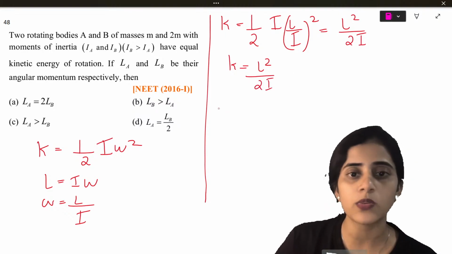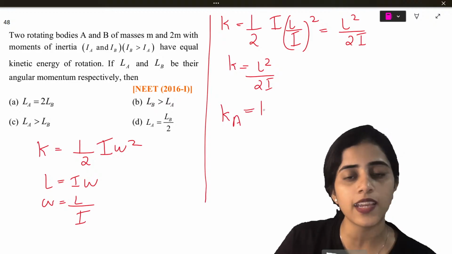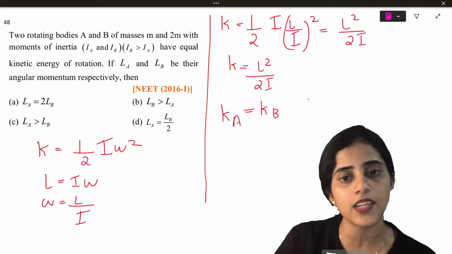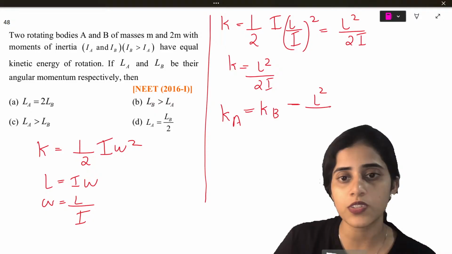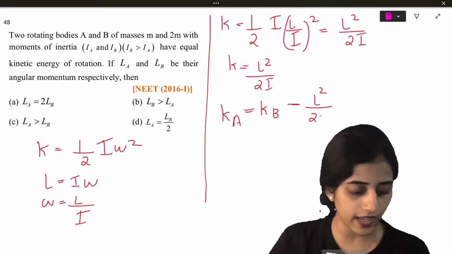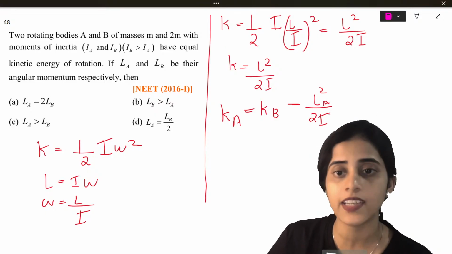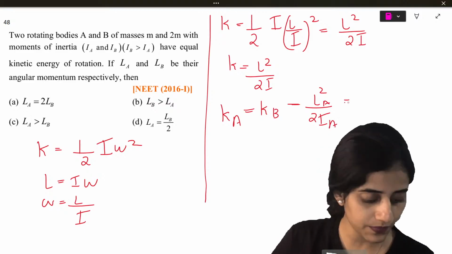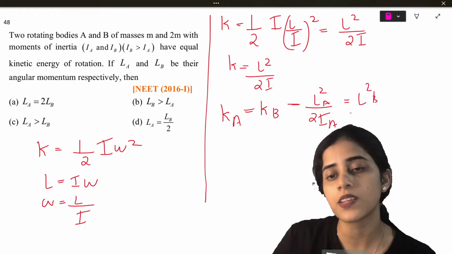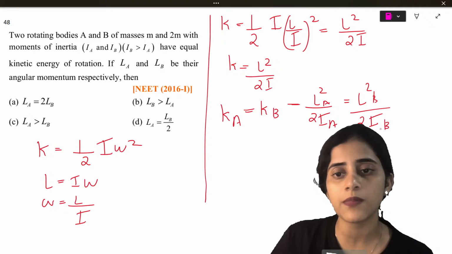Fine. Now, what will we do? We already know that KA is equal to KB. So, L square A divided by 2IA should be equal to L square B divided by 2IB.